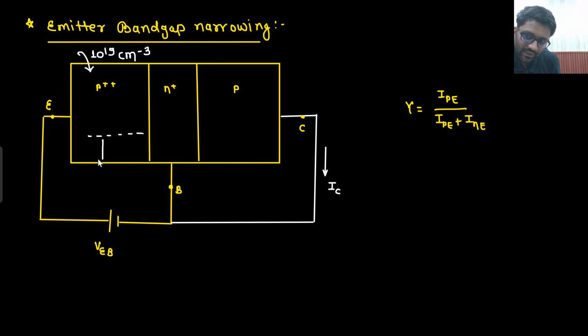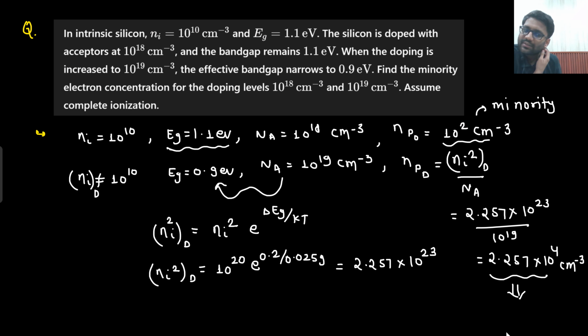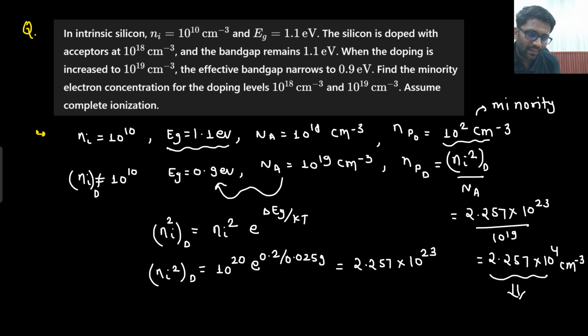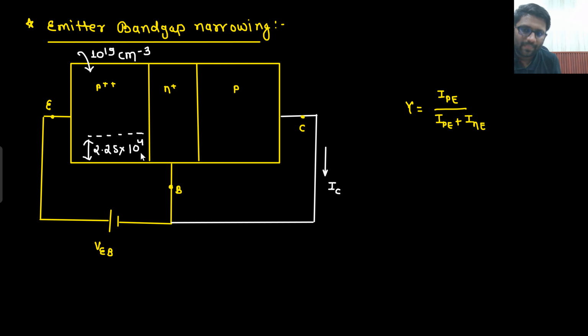This concentration got increased to 2.257 into 10 to the power 4. Now holes will be going here, that would generate IP current, and electrons will be coming here, and that would generate INE current.